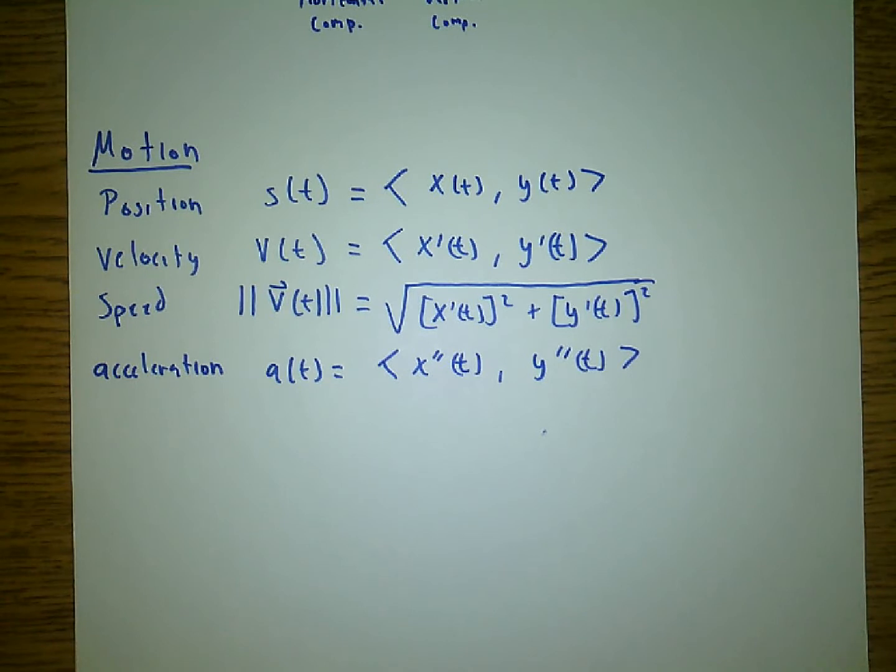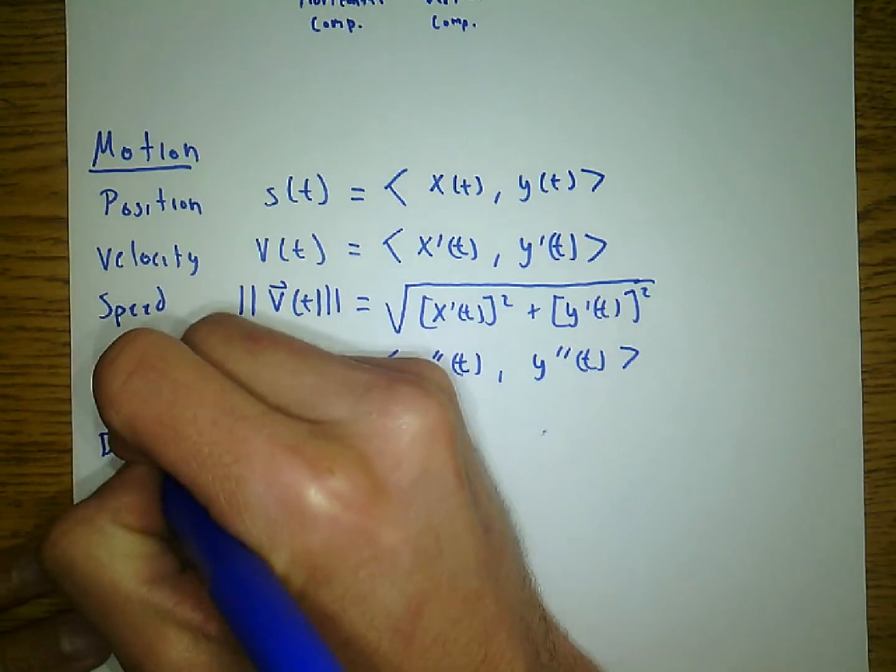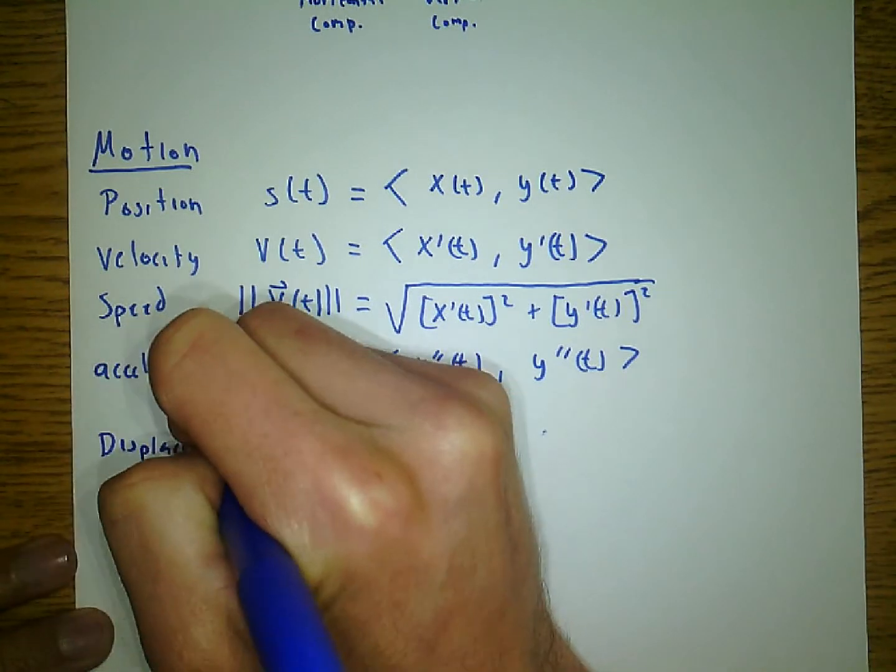All right. There are two topics that we're really interested in when we're dealing with motion. One of those topics is displacement, and one of those topics is how much distance you have traveled, okay? So, if you're given velocity, like let's say I tell you the velocity vector is blah, blah, blah, how can you use that to find the displacement?